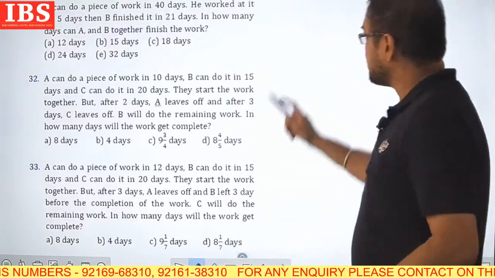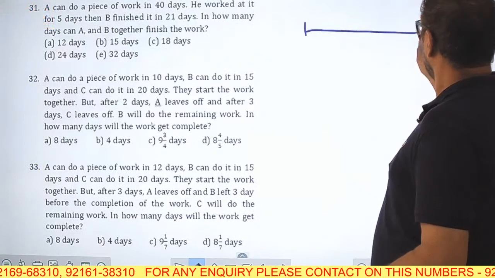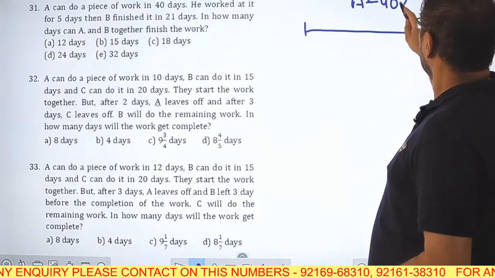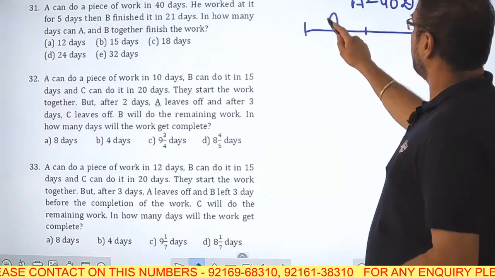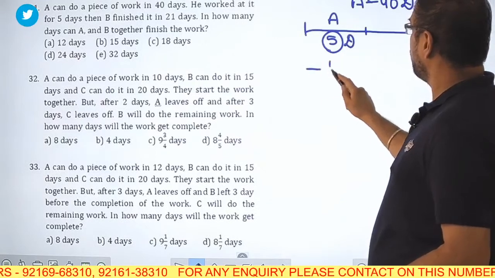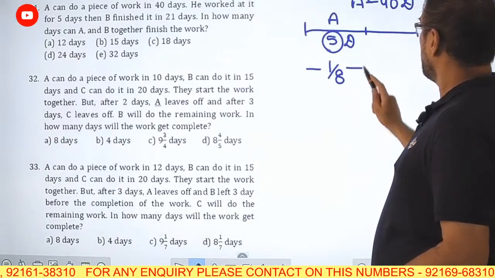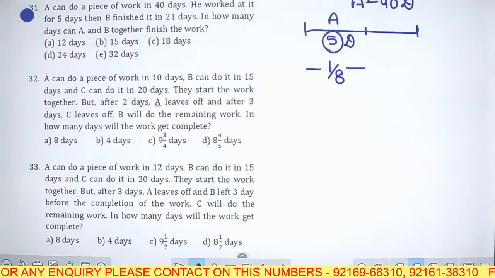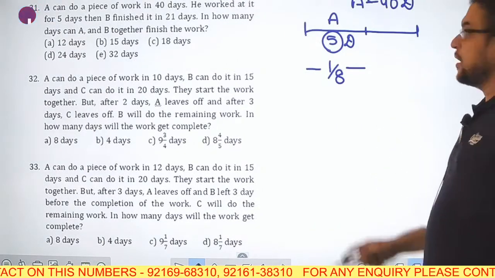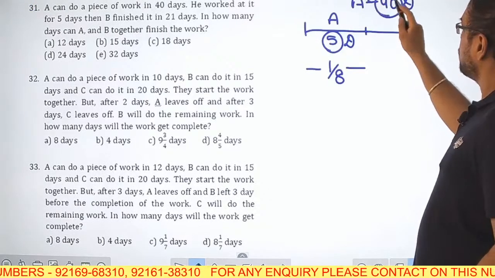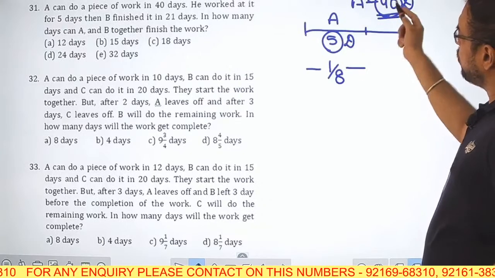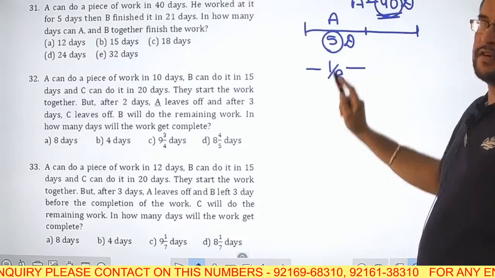Let's see the second method. A does the work in 40 days and A worked at it for 5 days. So in 5 days he will do 5 out of 40, that is 1/8 of the total work.